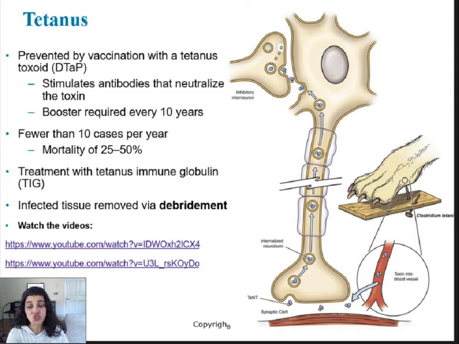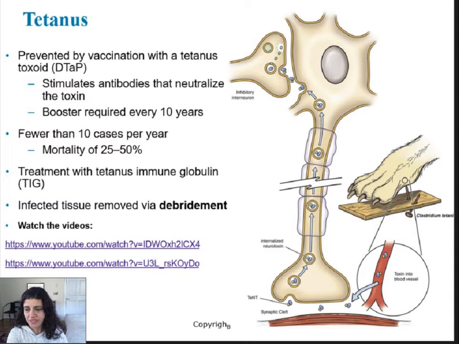Often happens in the stomach, and it's very painful when it happens, like in more serious cases all over the body. It can progress to trouble swallowing, and it includes also headache, fever.